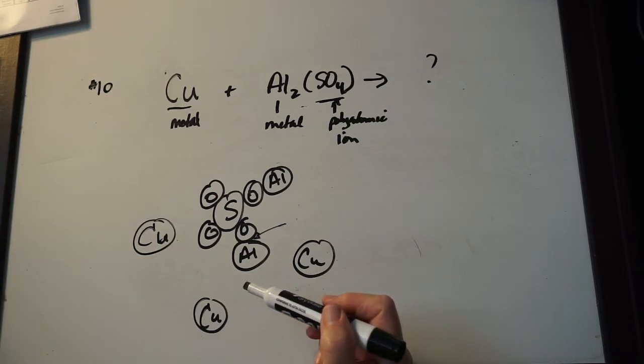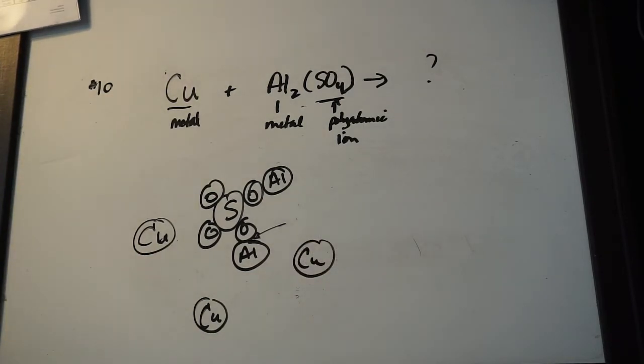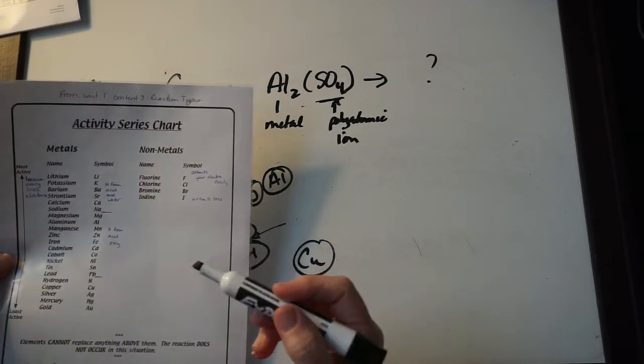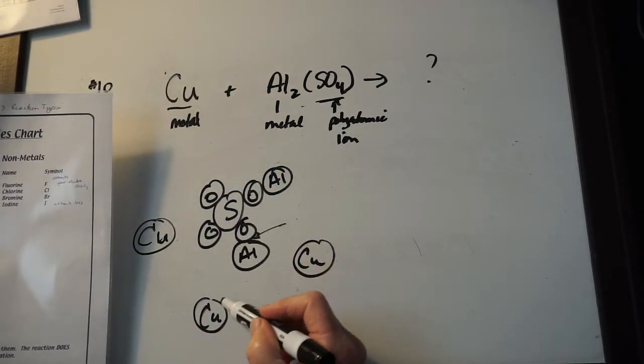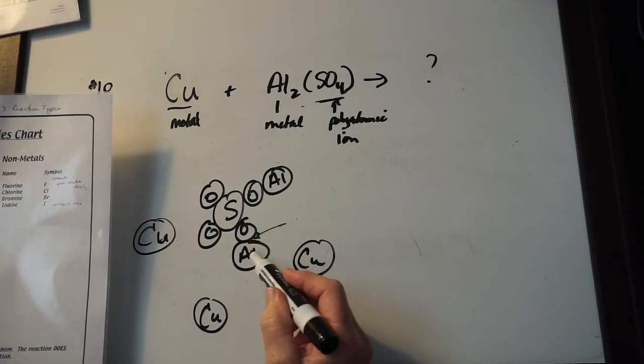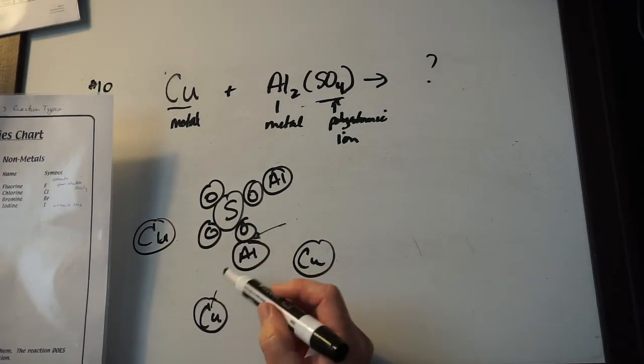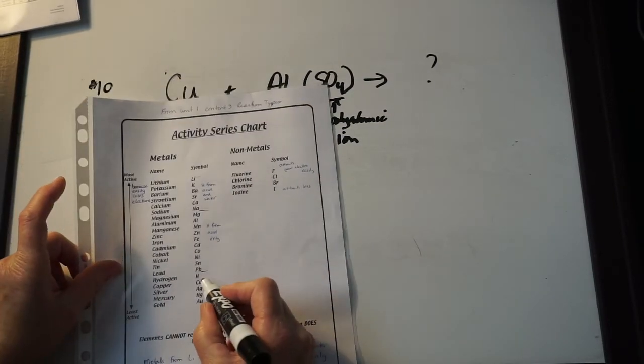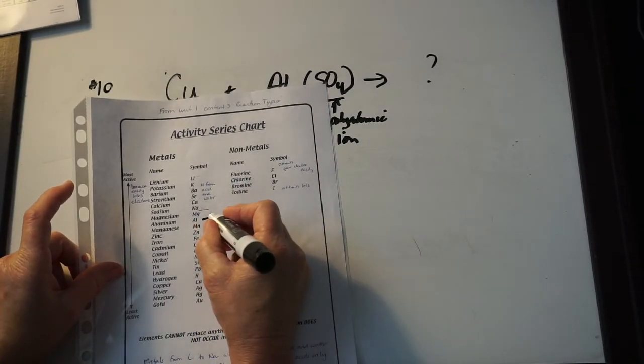So how do we know that? Now we're looking at the metal part of the series. And I'm going to look for my aluminum and my copper, because the question is, will the sulfate switch partners with aluminum and replace it with copper? So I find copper here, and I find aluminum here.